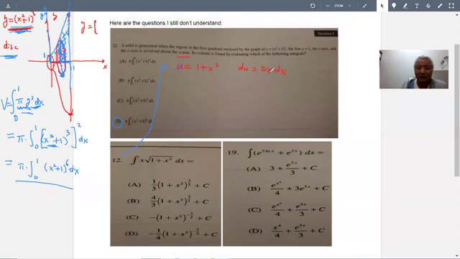And then we divide it by 2, so we divide both sides by 2. So we have x dx equals du over 2.